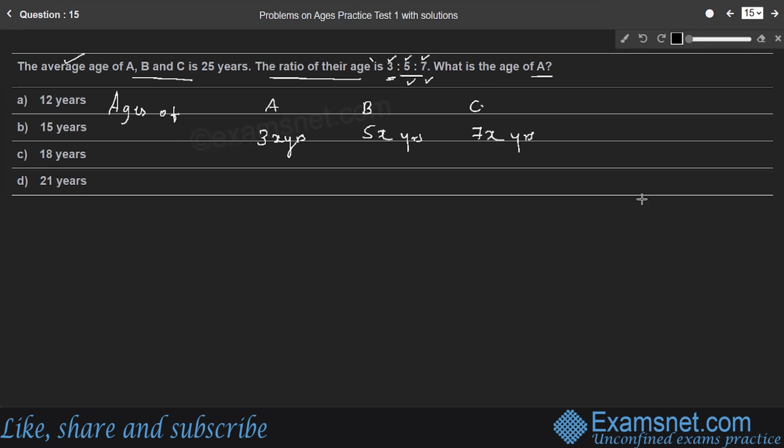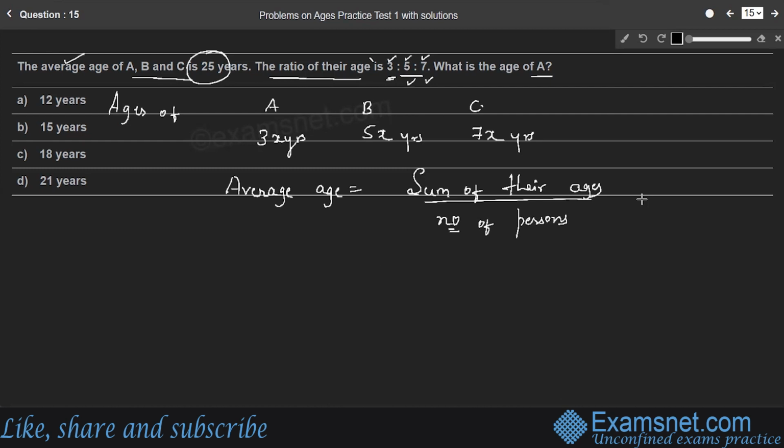And the average age is given. Average means sum of their ages divided by number of persons, right? So their average age is equal to the sum of their ages divided by the number of persons.